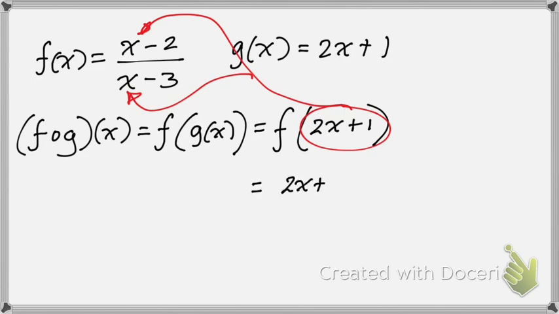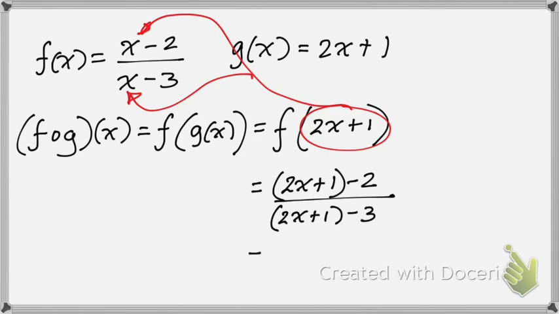2x plus 1 minus 2. That's the substitution for the first x, the x in the numerator. Here's the substitution for the x in the denominator. Then we can simplify that: 2x plus 1 minus 2 is 2x minus 1, and 2x plus 1 minus 3 is 2x minus 3.